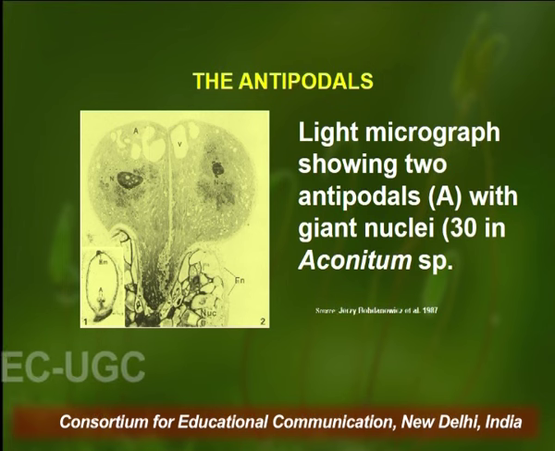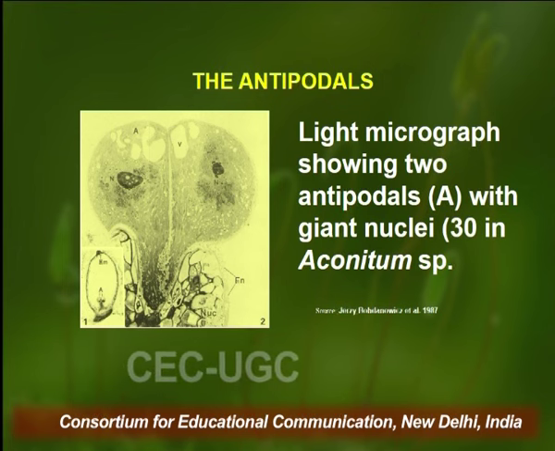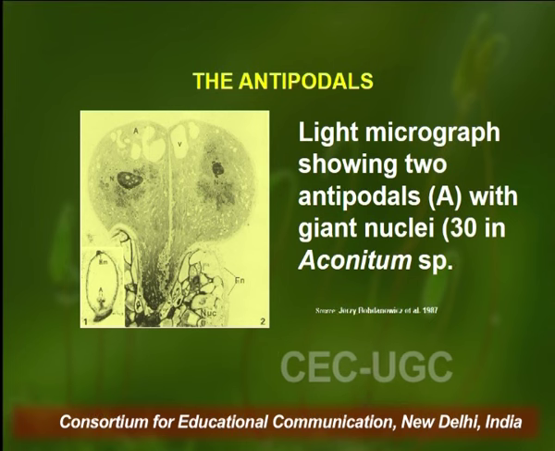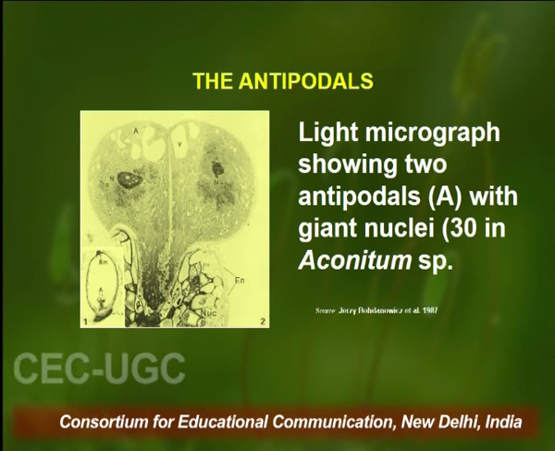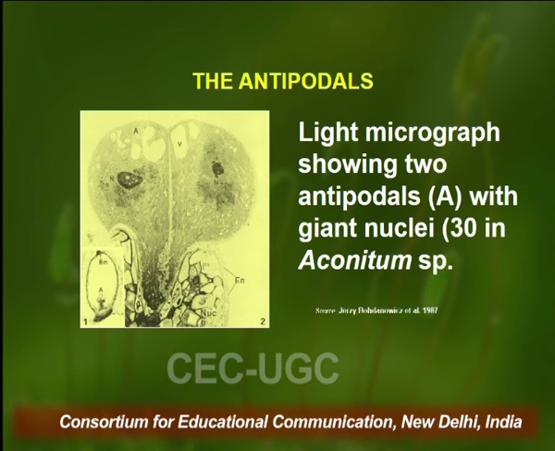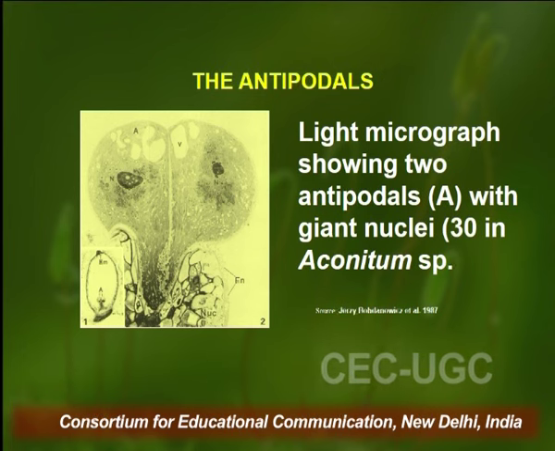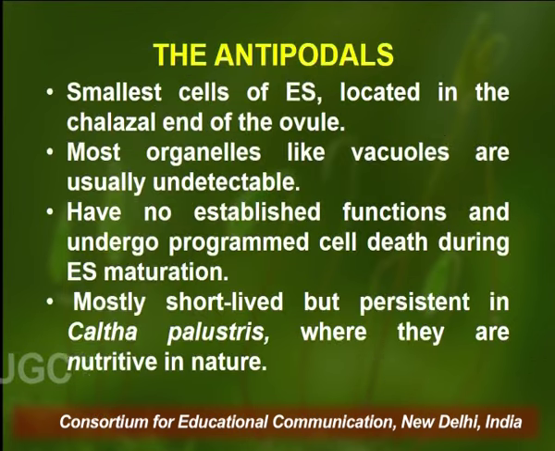This is a light micrograph where two balloon-shaped structures can be seen. These are the antipodals, and this picture is taken in Aconitum, where 30 giant nuclei are present. Antipodals are otherwise the smallest cells present in the embryo sac.